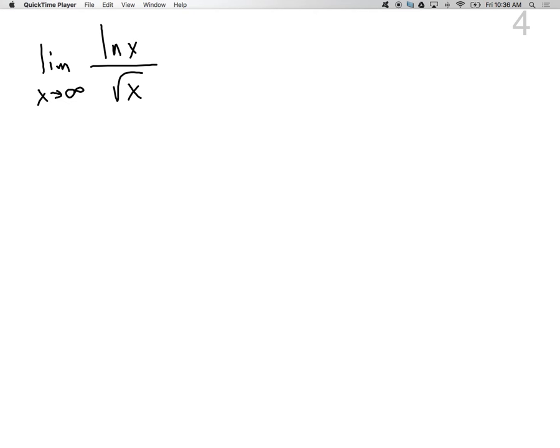Sid, what's the natural log of infinity? Visualize in your brain the graph of the natural log. Infinity. Good. Thank you, Brett. And what's the square root of infinity? Infinity. Yeah. Second indeterminate form, infinity over infinity.